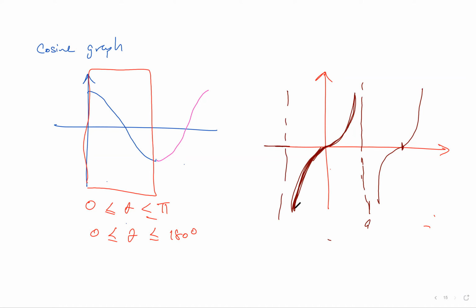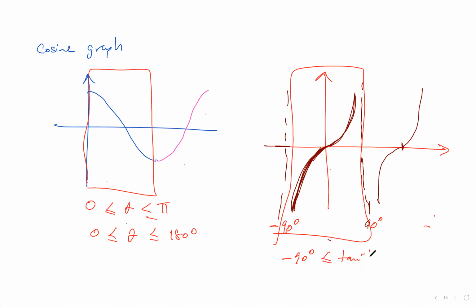This portion falls within minus 90 and 90 degrees, which is over here. So this is a continuous portion, from minus 90 to 90. So this is the same as sine.